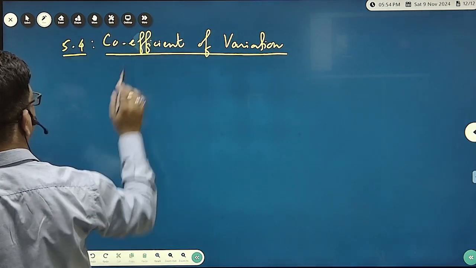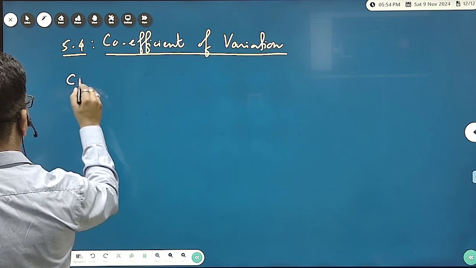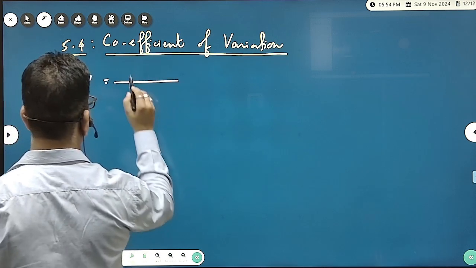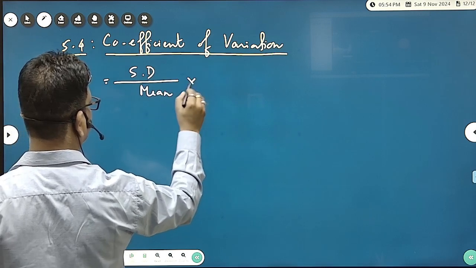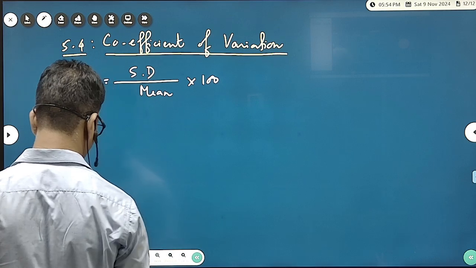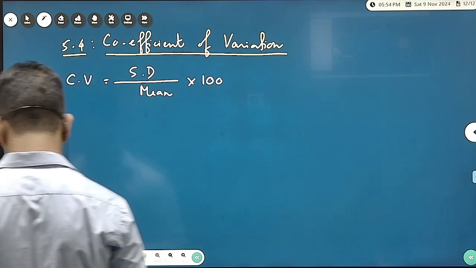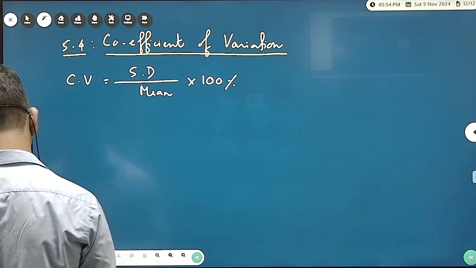After I explain, I believe you will be able to read very easily. It is called CV, coefficient of variation. The formula is very simple: standard deviation by mean, multiplied by 100. And it comes in percentage.